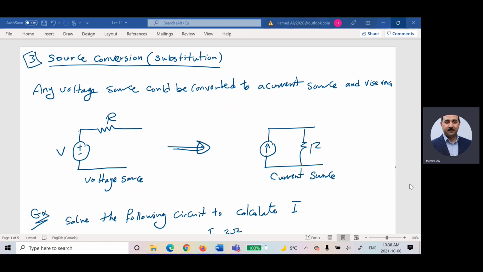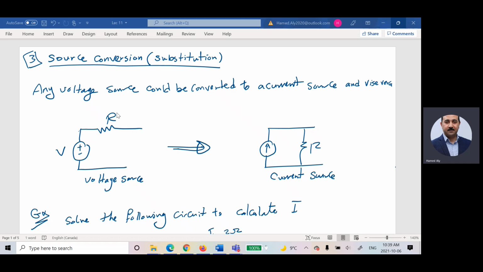So source transformation, or source conversion, or source substitution, is saying what? It is saying any voltage source. What is the meaning of voltage source? The voltage source is a voltage connected in series with a resistor. This is the voltage source.